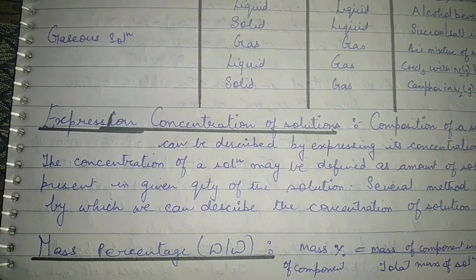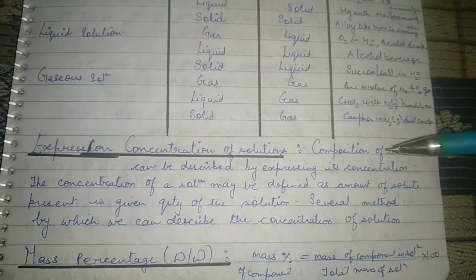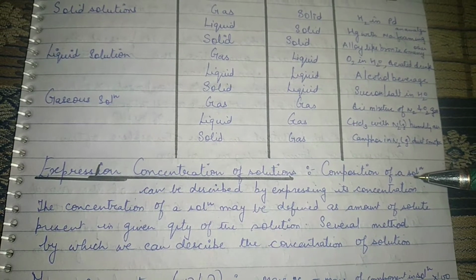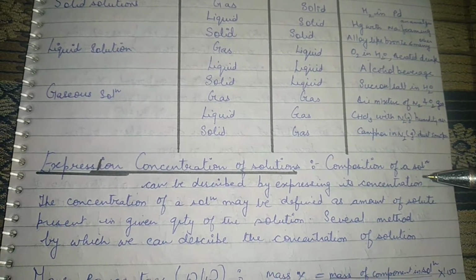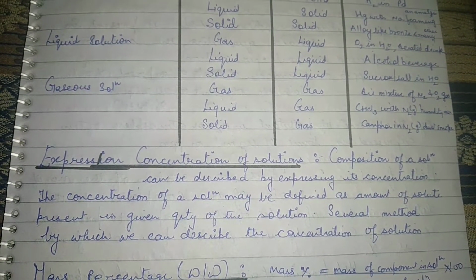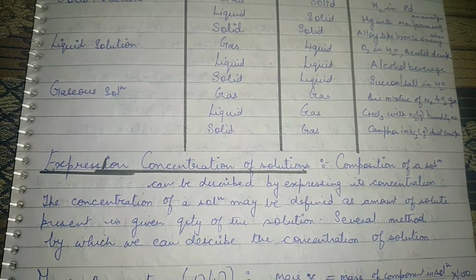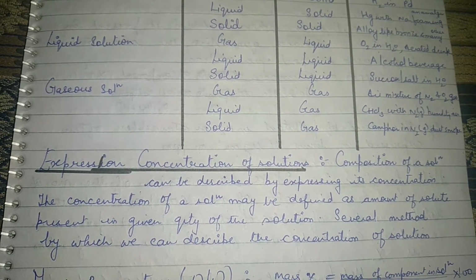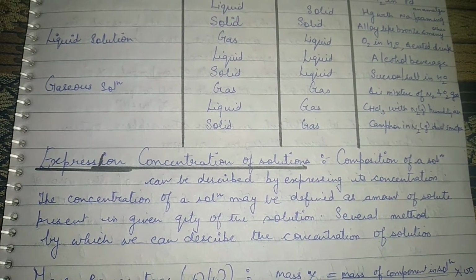Okay. Now coming on to the next topic, that is expressing concentration of a solution. So here I have written: composition of a solution can be described by expressing its concentration. So for any solution we have to define its concentration, that is, how much quantity of a solute is dissolved in a solution. Always we define the concentration in terms of mole per liter or kg per liter.